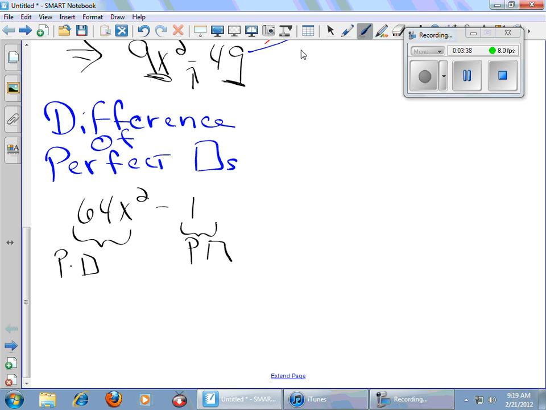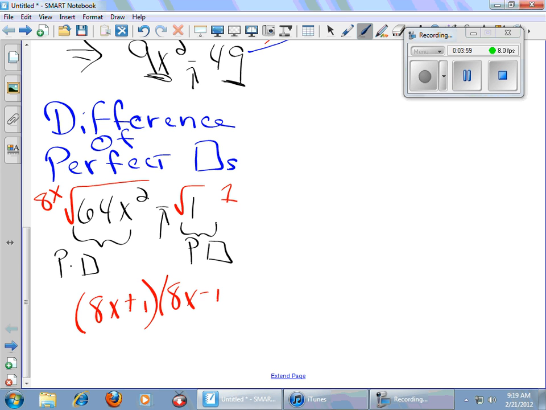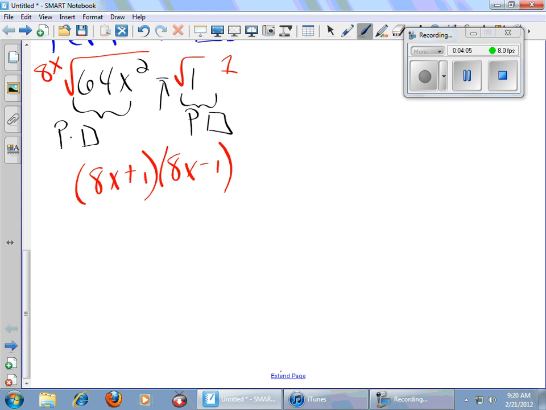Perfect square? You got it. Is it subtraction? It is. So all I need now is the square root of 1, and the square root of 64x squared. Well, this is 8x. This is 1. This is going to factor just like this: 8x plus 1 times the quantity of 8x minus 1. See how simple that is? That's the difference of perfect squares. It works whenever there is a perfect square subtracted from a perfect square.